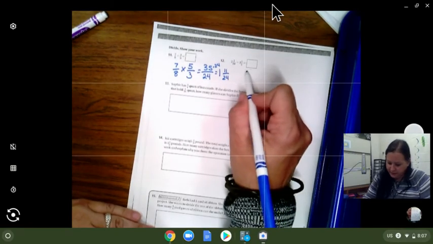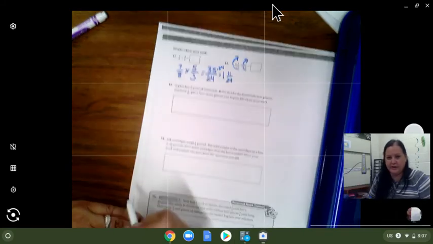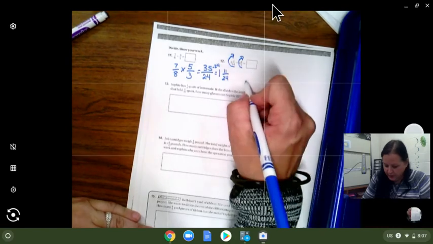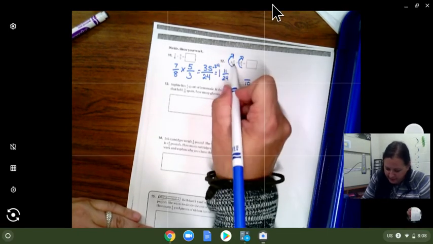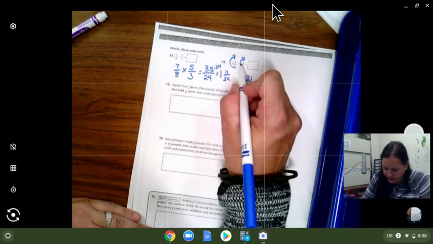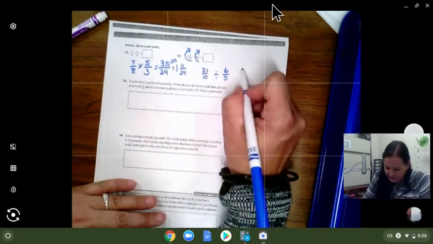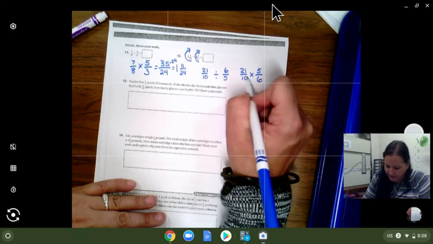All right, this one, we have mixed numbers. Remember, when you are dividing with mixed numbers, you want to make those into improper fractions by doing the wheel. So we'll get the denominator staying the same, and then 21. 5 times 1 is 5, plus 1 is 6. Dividing fractions as easy as pi: flip the second, and multiply.